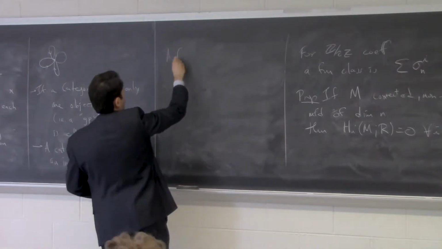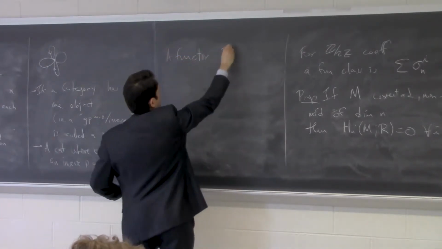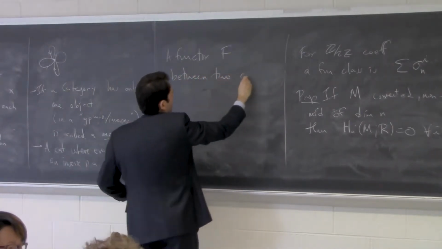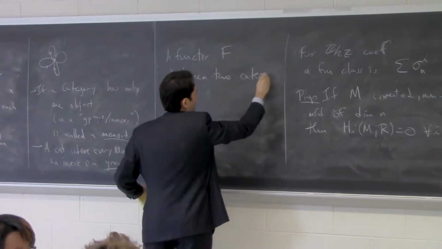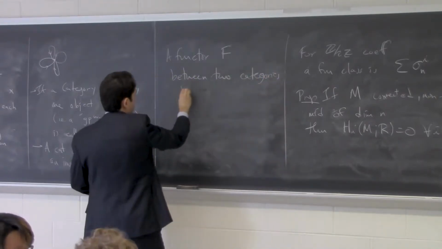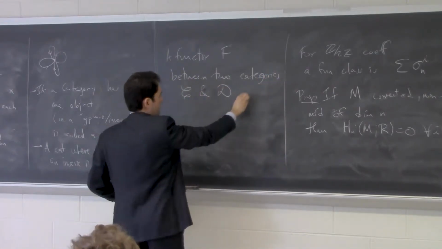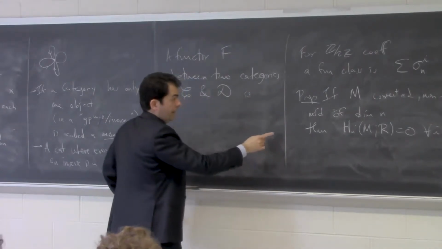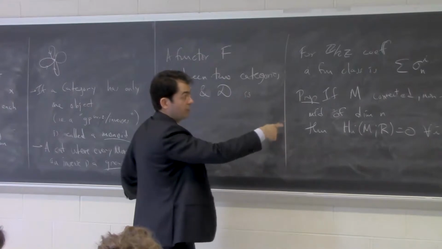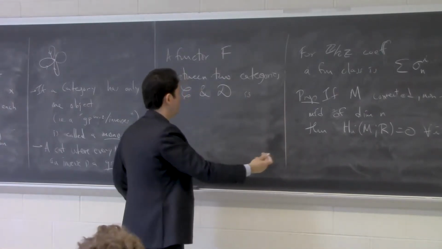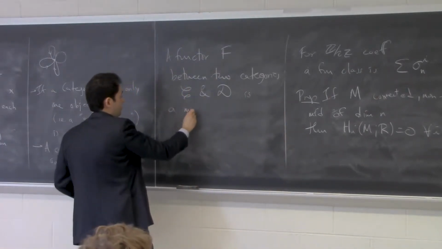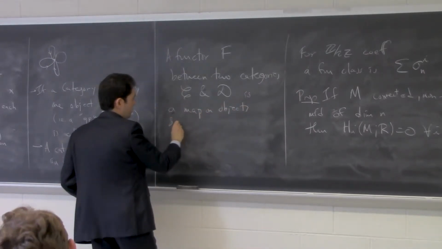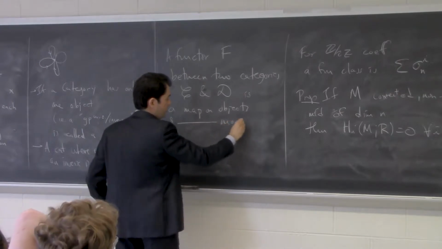Okay, functor. A functor between two categories C and D is, well, a category has two collections, objects and morphisms. So this is going to be a map on objects and a map on morphisms.